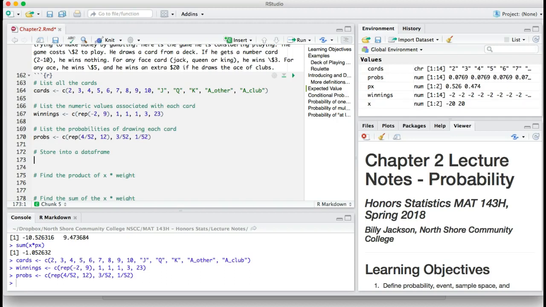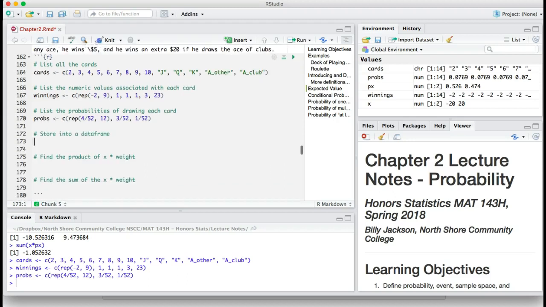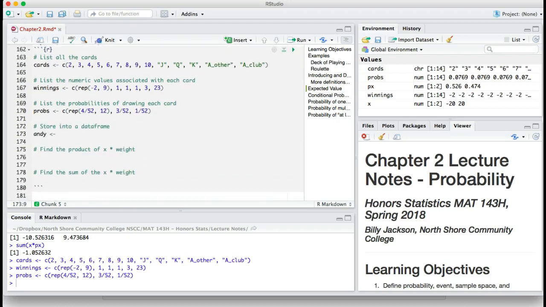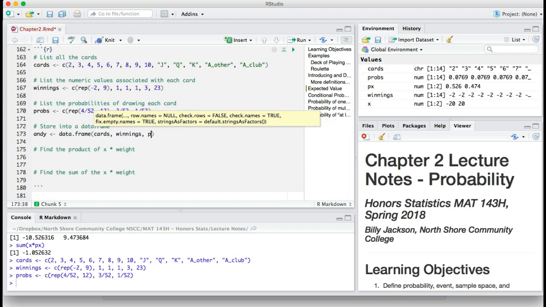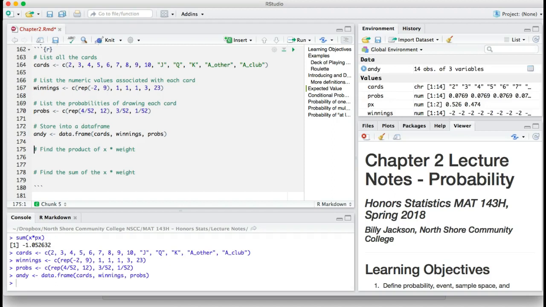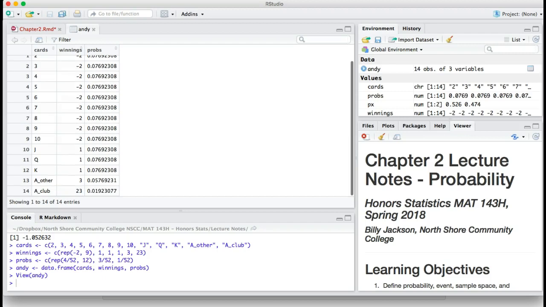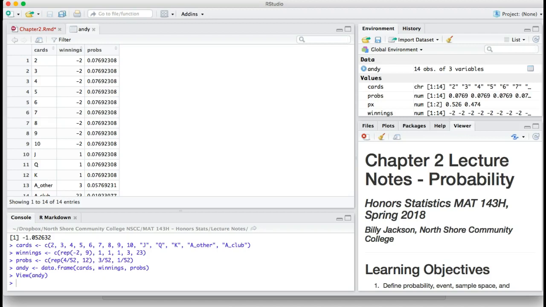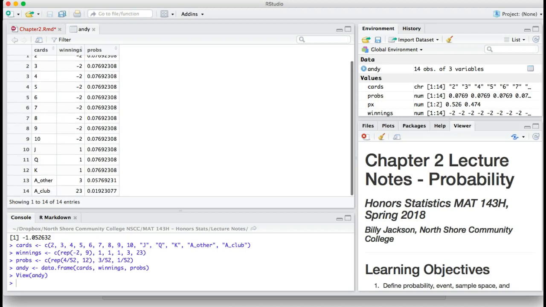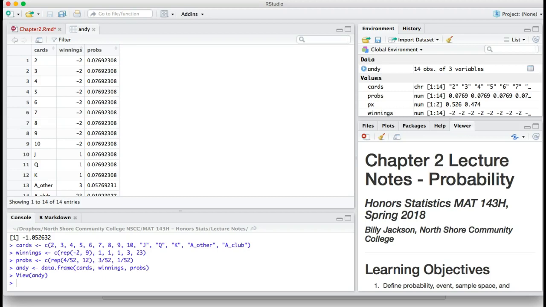Now I'm going to combine all of these into a data frame. I'll call this data frame Andy. I'm going to use the data.frame function, and I'm going to bring in here cards, winnings, and probs. And we can take a look at what Andy looks like. So here you see the cards that he could pull, what his overall outcome would be, winnings is maybe not the best choice of word, but the overall outcome, and the probability of getting each card.